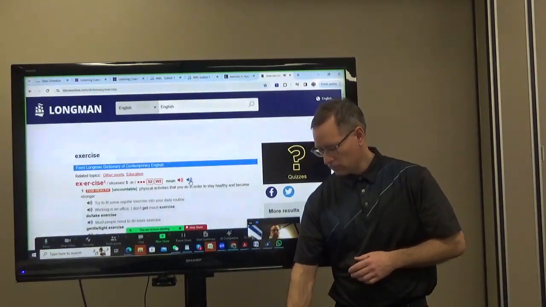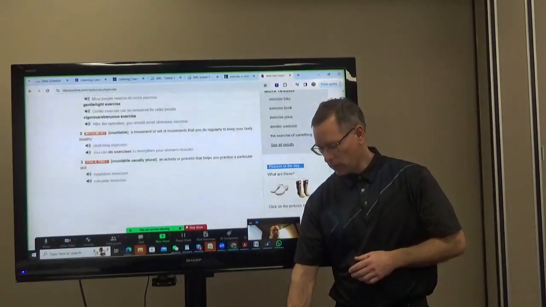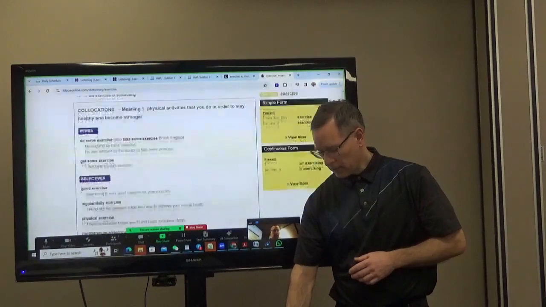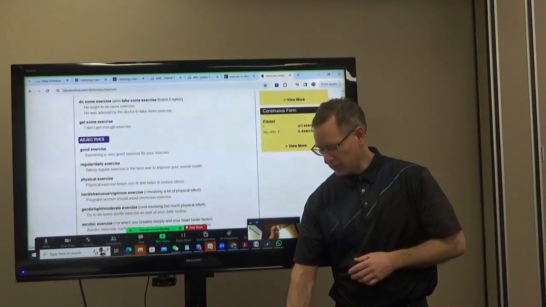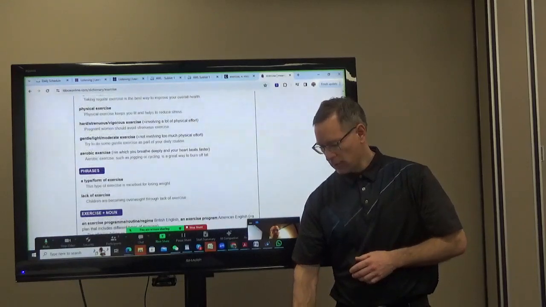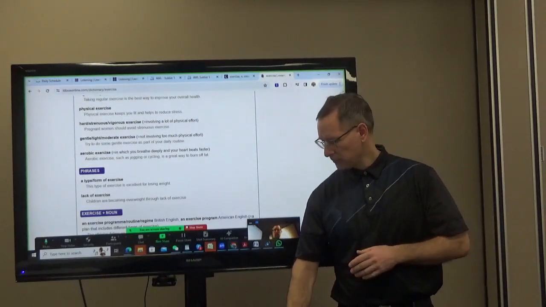Exercise. Okay. They have different sections with the words, how it's often used, and then let me just see. So then they have some sentences where you can be looking at and using those words. So you can see it in a variety of situations.